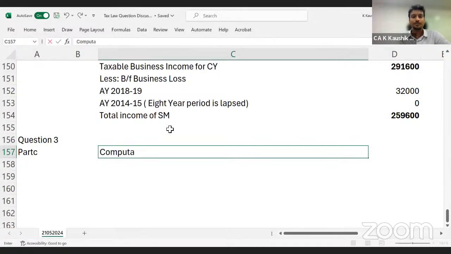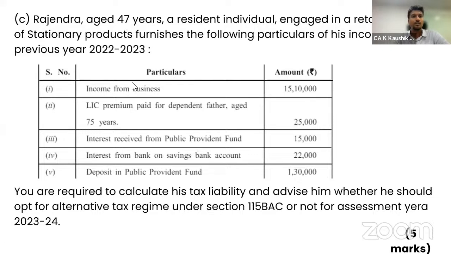Computation of income and tax liability for Mr. Rajendra.